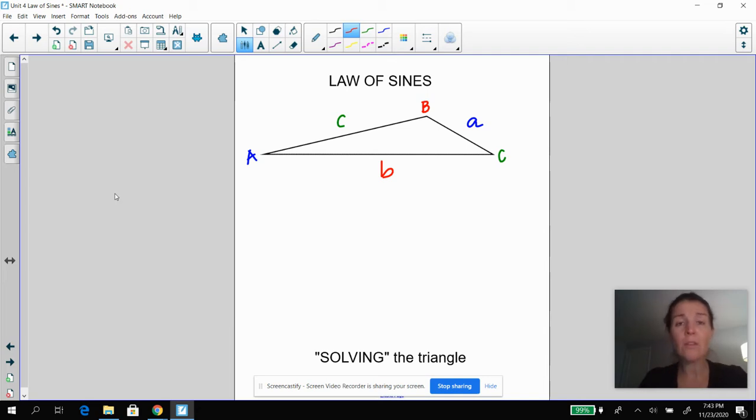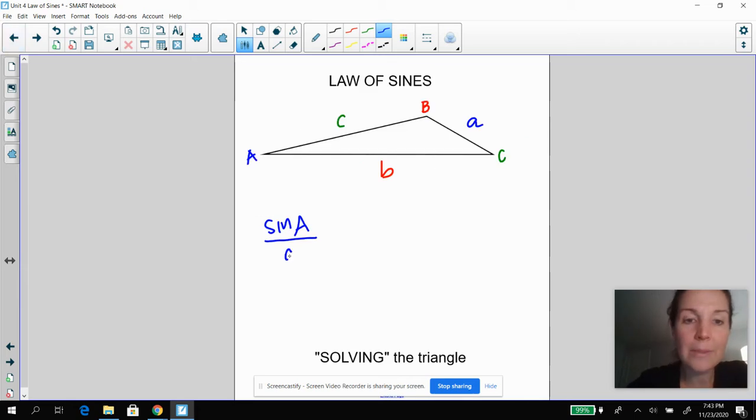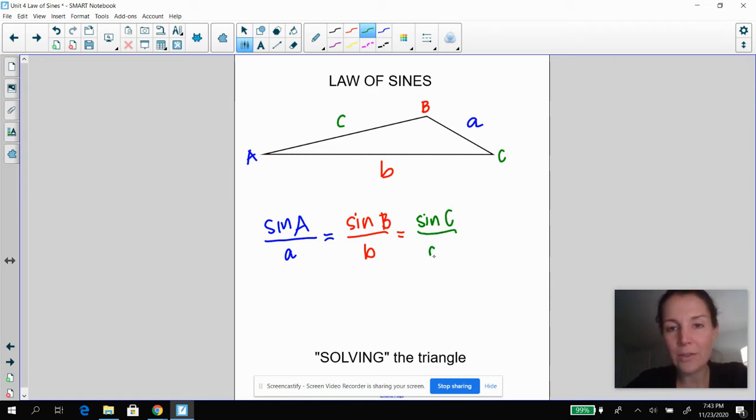But the law of sines essentially says the ratio between the sine of an angle and its side opposite to it is the same as the ratio of the sine of the other angle and its side opposite to it, which is also the same as the sine of the third angle over the side opposite to it.